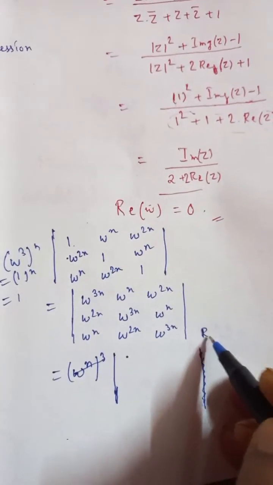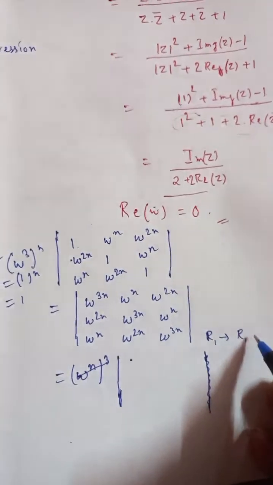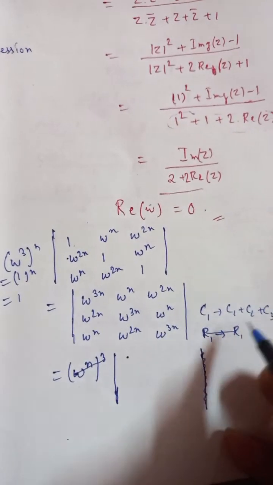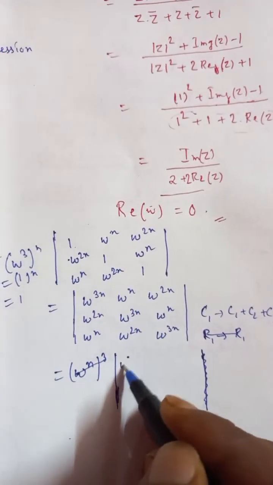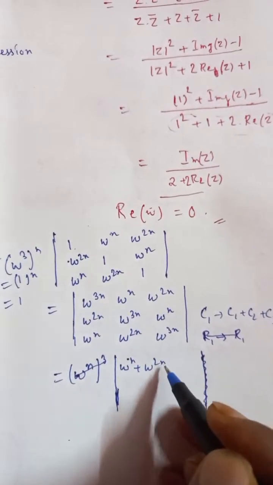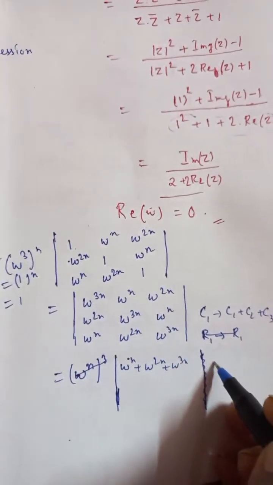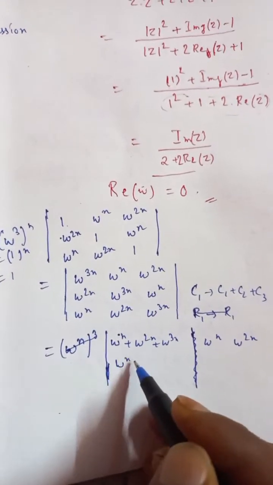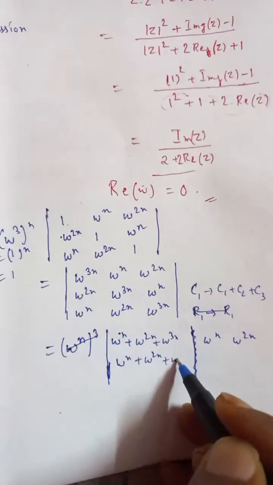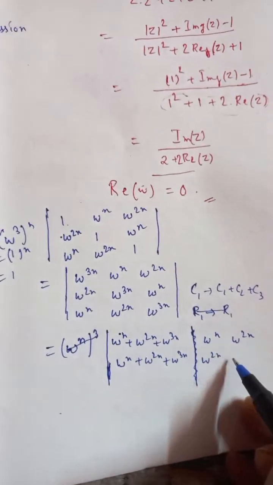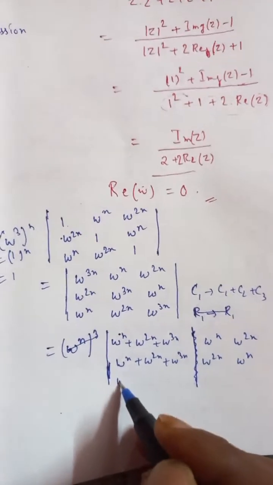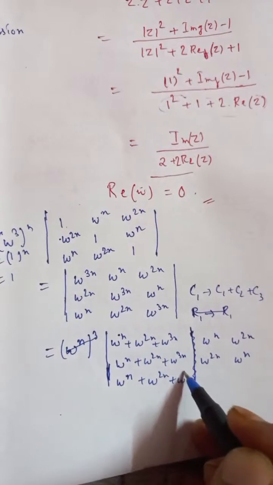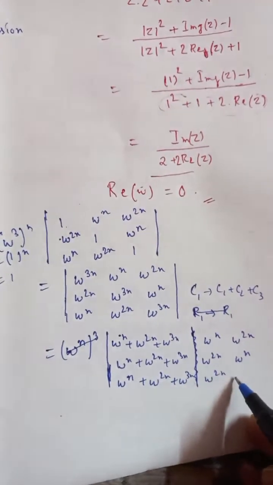We operate R1 by C1 plus C2 plus C3, and we will have omega n plus omega 2n plus omega 3n, omega n, omega 2n, and here again it will be omega n plus omega 2n plus omega 3n, omega 2n, omega n, and here also omega n plus omega 2n plus omega 3n, omega to the power 2n, omega to the power 3n.